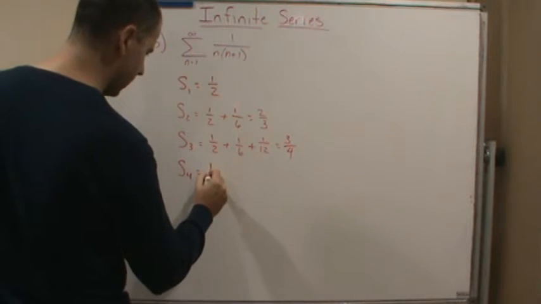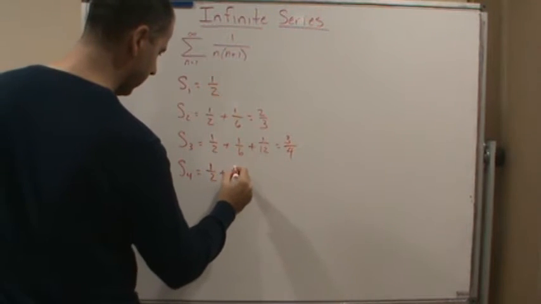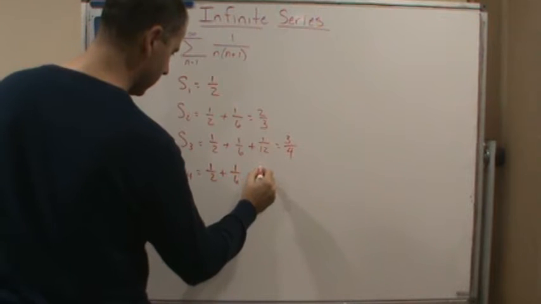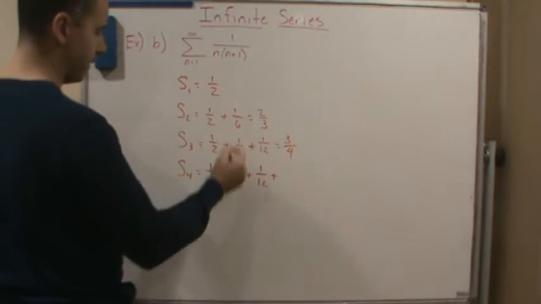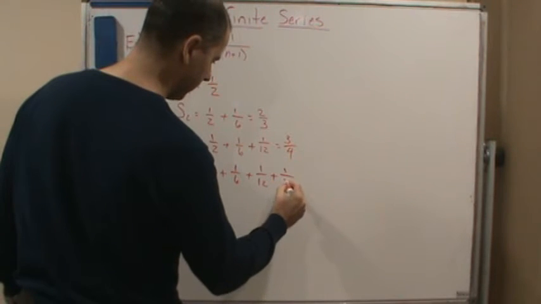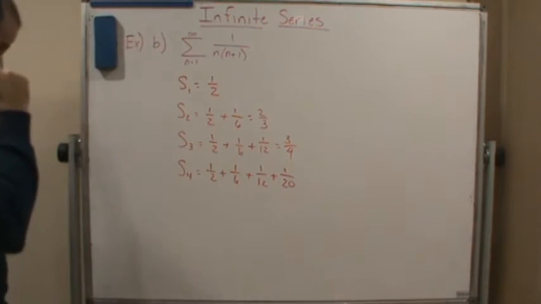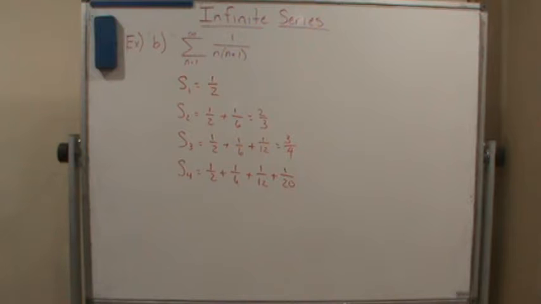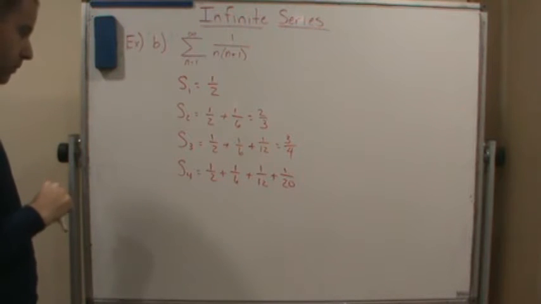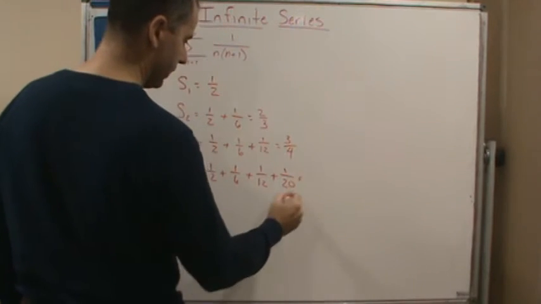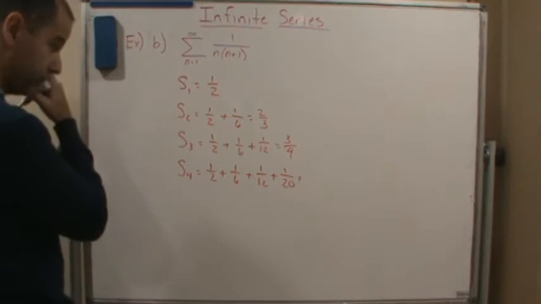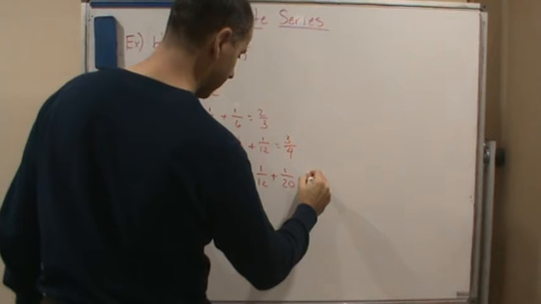Of course, this is going to be 1/2 plus 1/6 plus 1/12 plus, then 4 times 5 is 20, so 1/20. And this is going to give us 4/5.